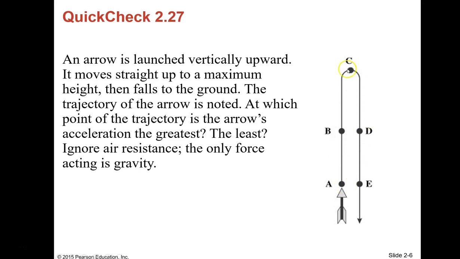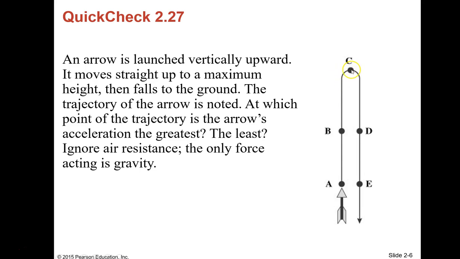All the way up, its acceleration is 9.81 in the negative direction. As it comes back down, it's 9.81 in the negative, downward direction as well. So the accelerations are constant. Now if you look at the velocities here, as the object goes up, up, up, the velocity decreases.